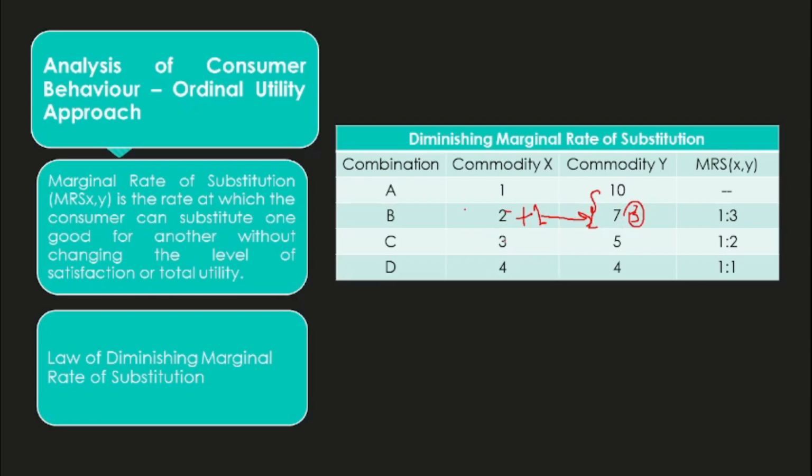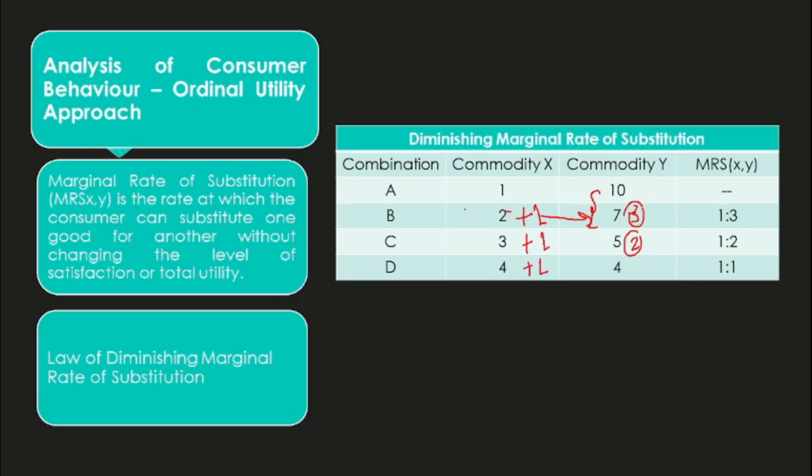Then we have the third combination, in which one more unit of X has been added, and for that some amount of commodity Y has to be foregone. How much is it? 7, 5. So it is 2. Here we can clearly see that commodity Y is being sacrificed in order to increase the consumption of commodity X by 1 unit.